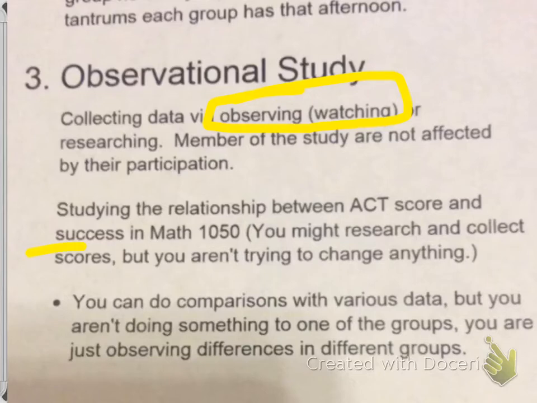You might research and collect scores, but you aren't really trying to change anything. You can do comparisons with various data, but you aren't doing something to one of the groups that you're not doing to the other groups. So an observational study is when you're just watching or grabbing information from something that's already happened.